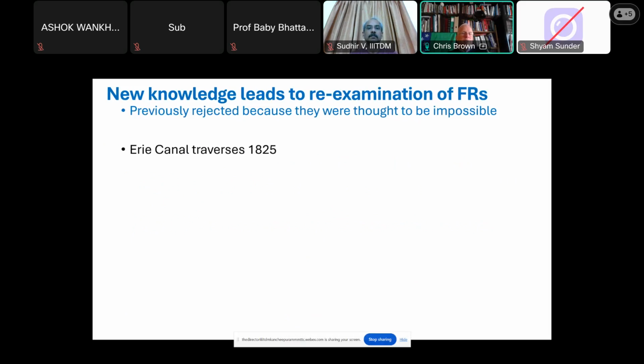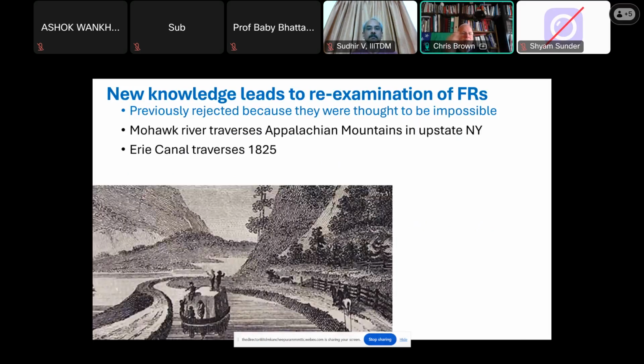For transportation across New York State, the Erie Canal traverses New York State, gets through the Appalachian Mountains, upstate New York. And it's really this connection that gets a connection from the Atlantic to the Great Lakes on the other side of Niagara Falls.